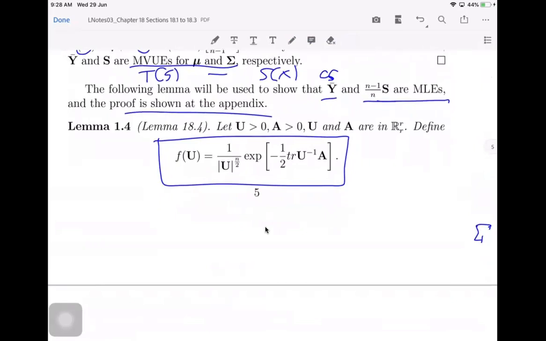So if you can write your density function, you let U be positive, A and U are r by r square matrices.